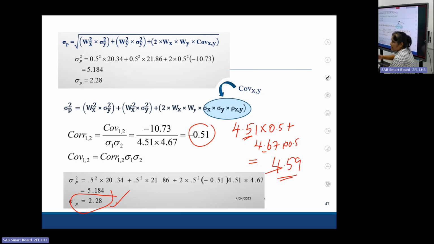By constructing a portfolio using X and Y, you can minimize risk to 2.28 with a reasonable expected return. So that is the rule of thumb.